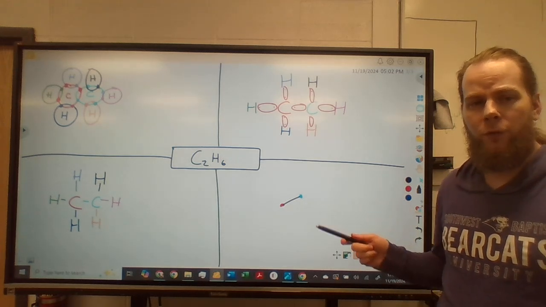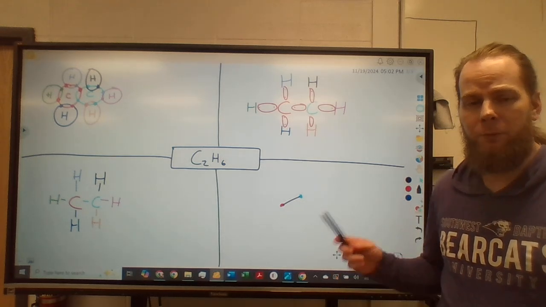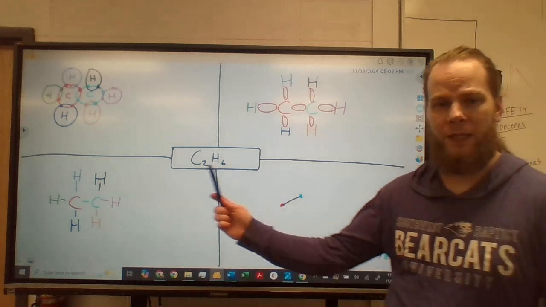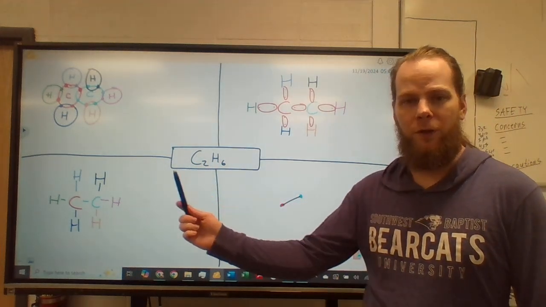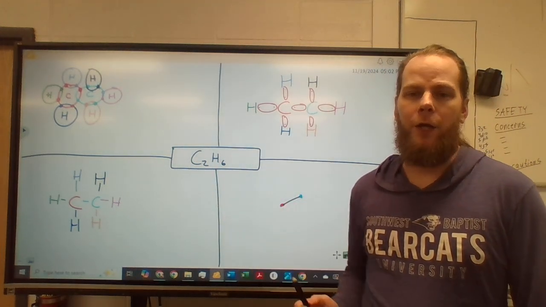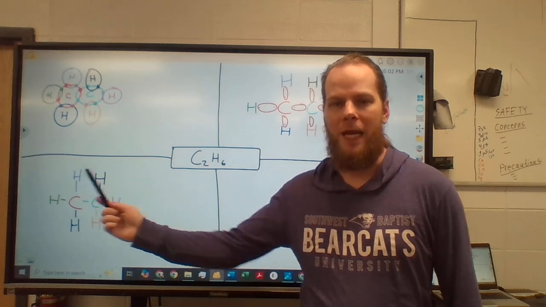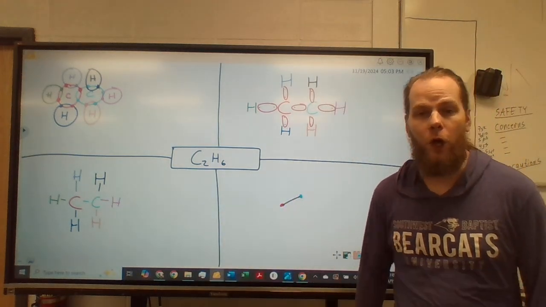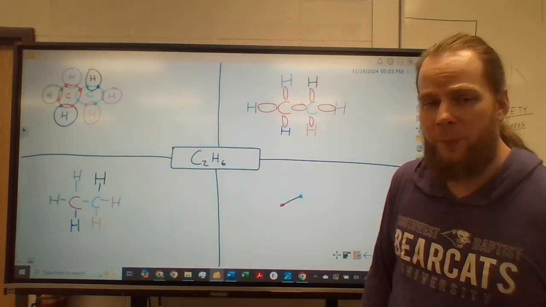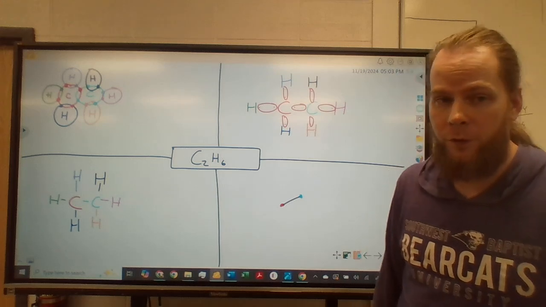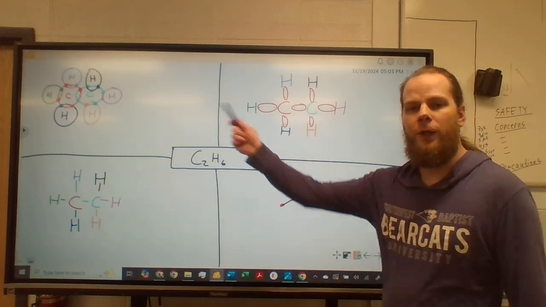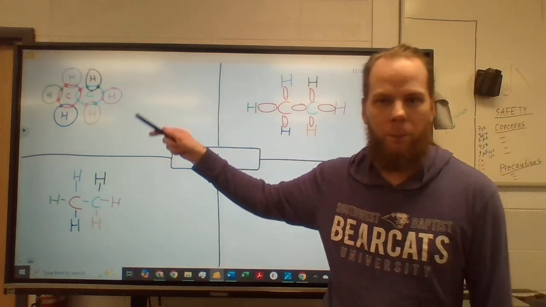So I'm going to go through and identify these first. I would recommend that you draw out at least this grid with the formula in the center, and you can write in the names of each of these as we go. I'm not going to write those down because the spellings are on your notes in front of you, so you should have those. So first one over here is simplified Bohr.